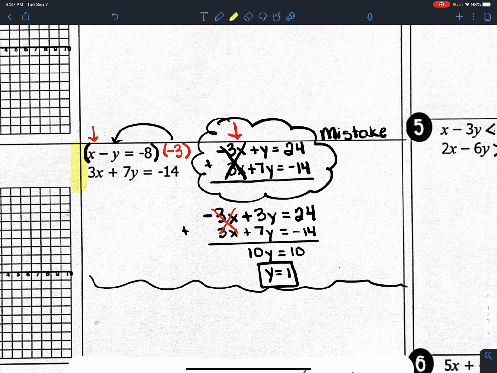So I'm going to use that one. So I have x minus, we're going to substitute something in for y, equals negative 8. Up here we said y equals 1, so in for y goes 1.